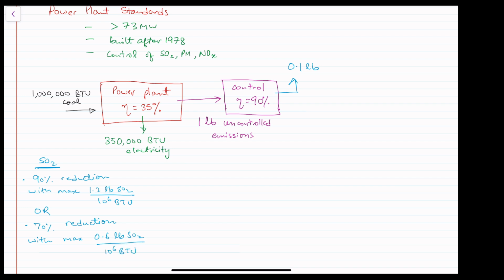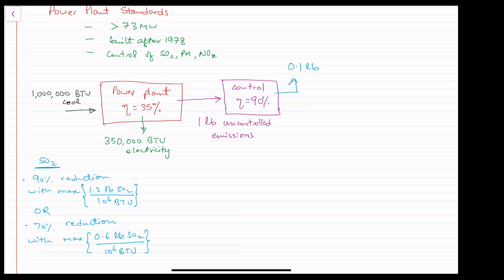These in the parentheses are the uncontrolled emissions, and then correspondingly we will calculate how much reduction is needed. We'll do an example for these shortly. You'll get a better idea of this.